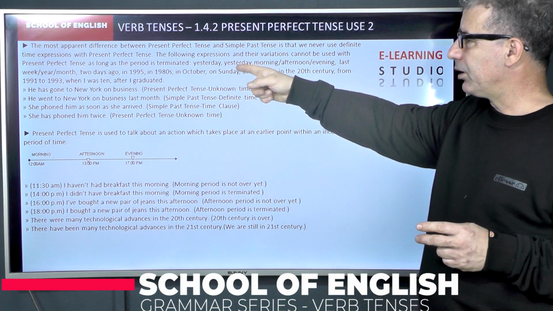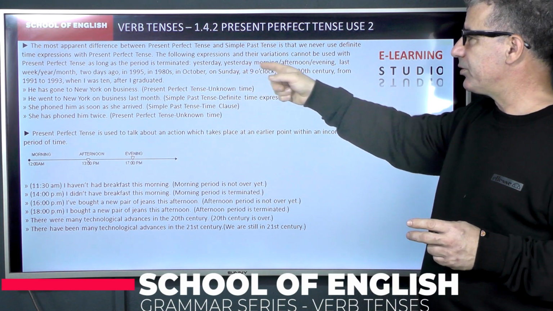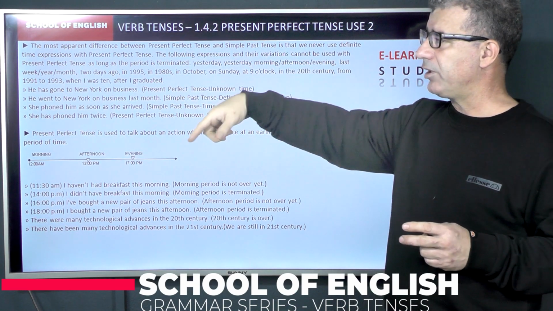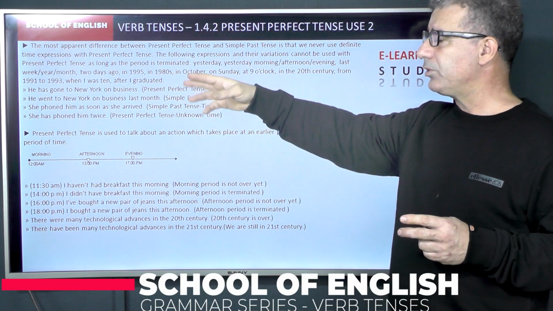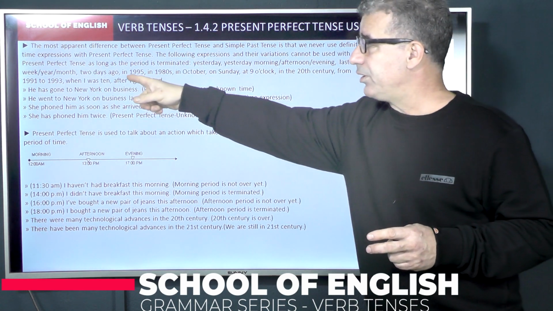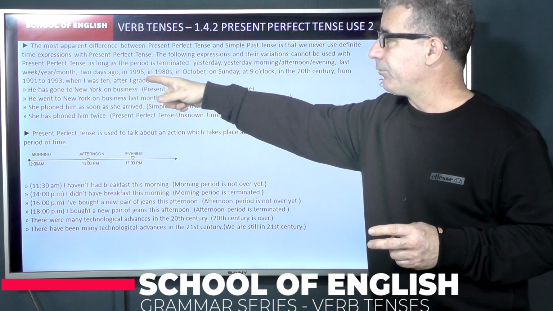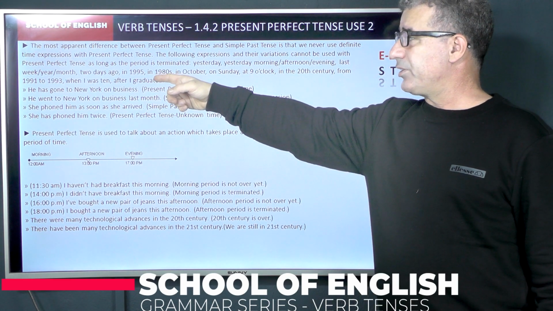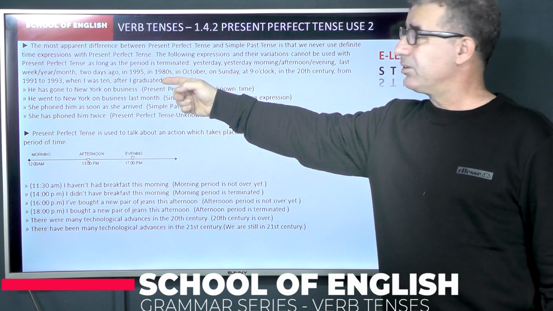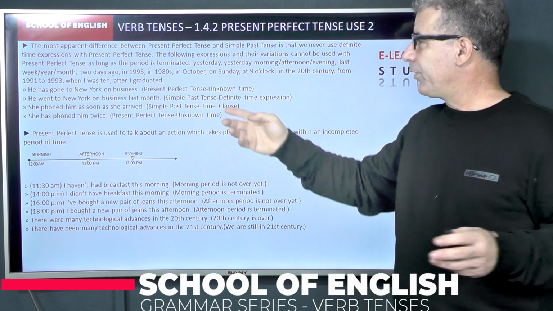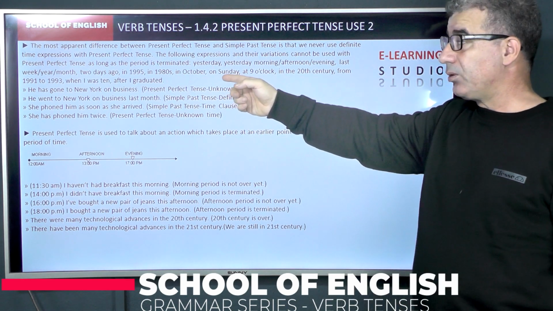Yesterday and its variations: yesterday morning, afternoon, evening; last week and its variations: last week, year, month; 2 days ago and its variations. You cannot state a definite year like in 1995. You cannot say, for example, in the 1980s, it is still terminated because it's over. You cannot say on Sunday.